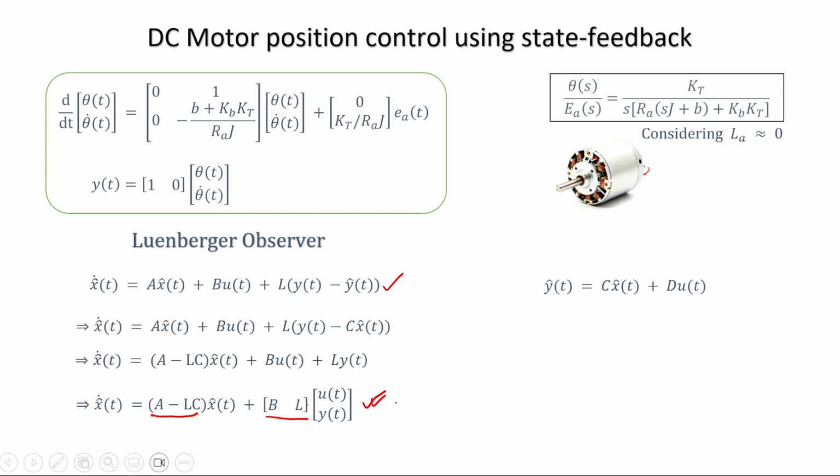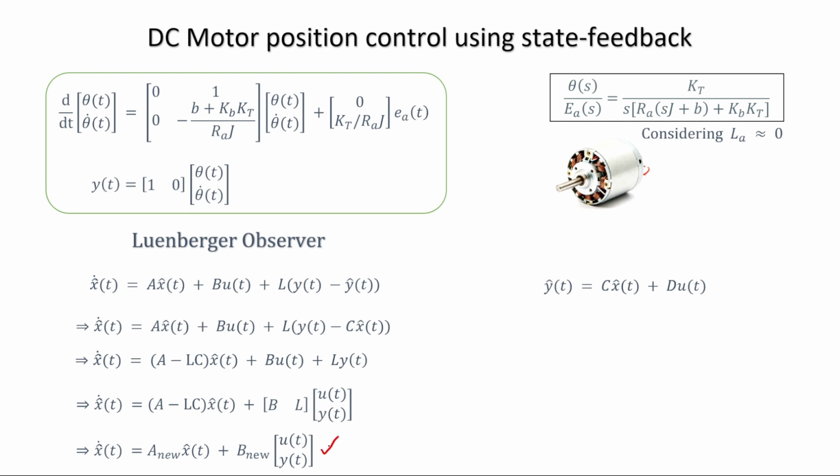I am doing this because we have implemented the position control of DC motor using these equations, and that is why I am trying to keep it similar to how we have implemented it, so that you do not get confused as to what we have done. When you look at the implementation, you will see that we will be using A nu and B nu matrices, and that is why I am showing you what A nu and B nu are.